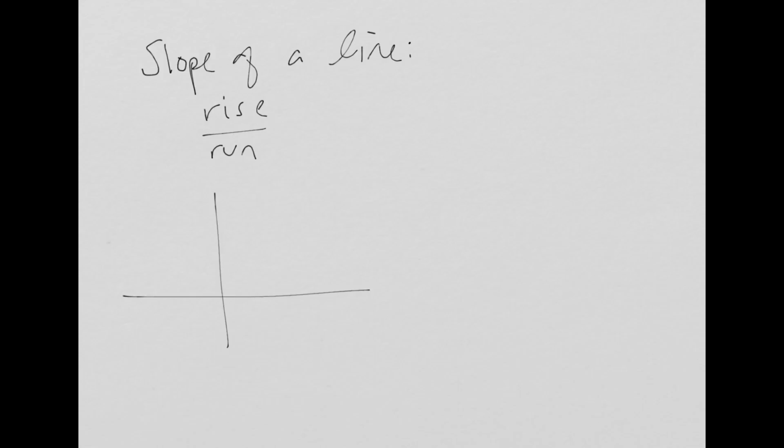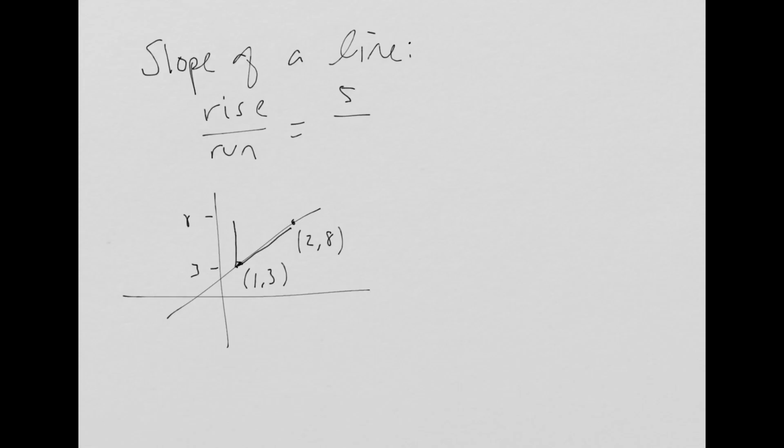So if I have a line here, and let's say this point is 1, 3, and this point is 2, 8. When I say rise, I mean going from this point to this point. How much did I go up? Well, that's talking about y's. So if I'm at currently 3, and I'm going to go up to 8, my rise there is 5.